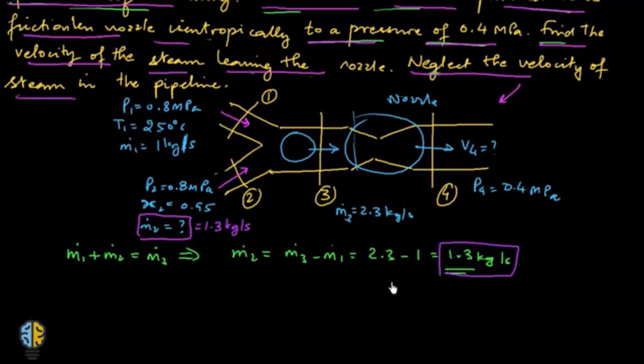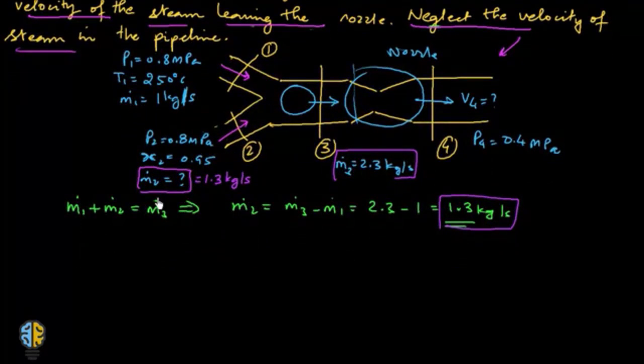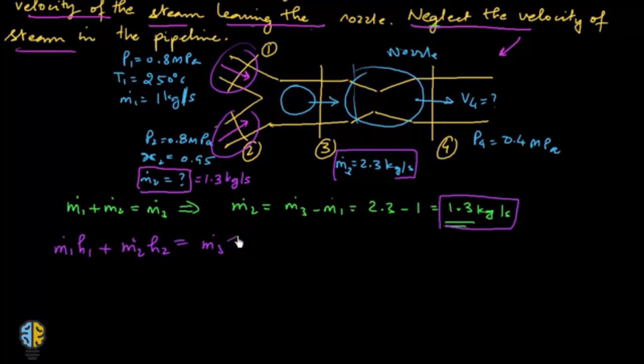Now we need to find out the condition at section 3, after mixing. That can be done with the help of the energy balance of these two streams. The energy coming in is m1 dot into h1 plus m2 dot into h2, which is equal to m3 dot into h3.